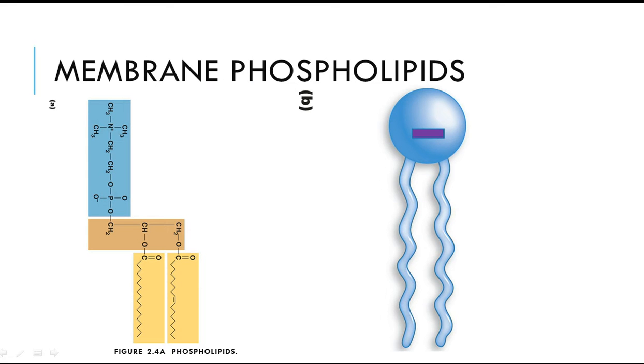The first thing that we're going to review is the structure of our phospholipids. The image on the left is giving a bit more molecular structure to the phospholipid, and the image to the right is the generic image you've probably seen a lot leading up to now. A phospholipid, how did we describe a generic phospholipid?